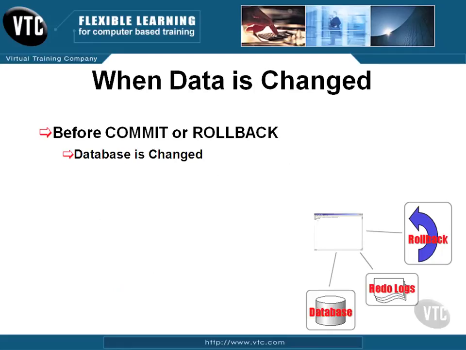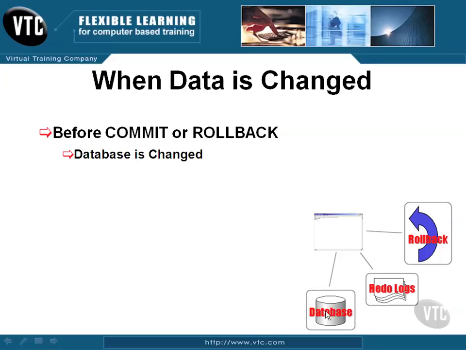So what happens with commits and rollbacks? Very important to understand this. It's very basic, but it is important to understand it. So when data is changed, as you can see down here, I have rollback data, redo logs, and a database. When I change something, I insert, I update, delete, whatever I do, I haven't executed a commit or a rollback, and the database is actually changed.